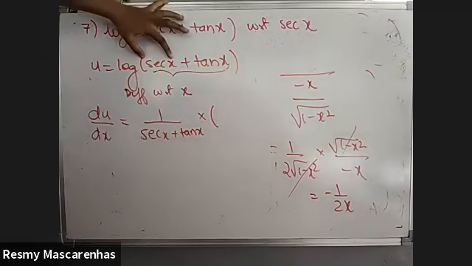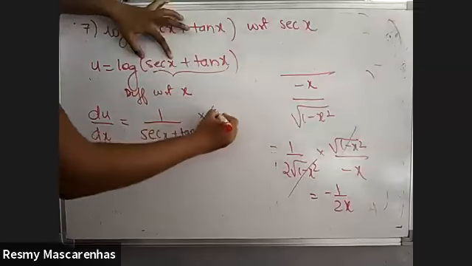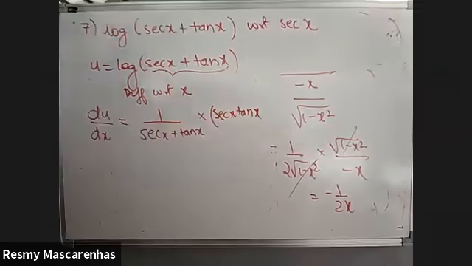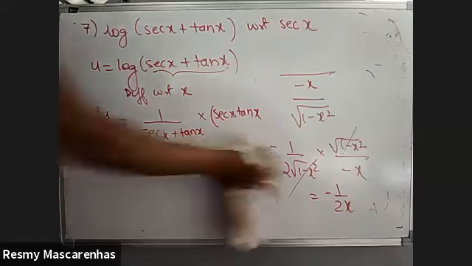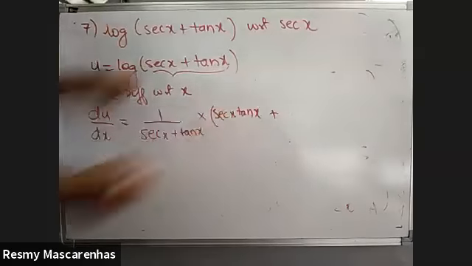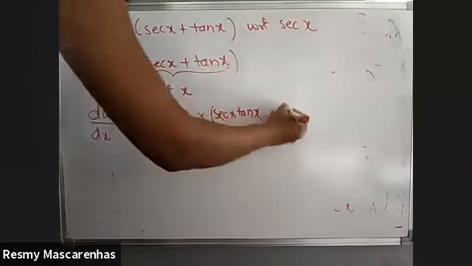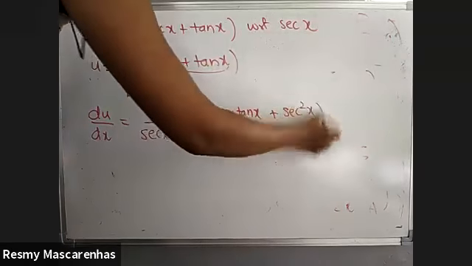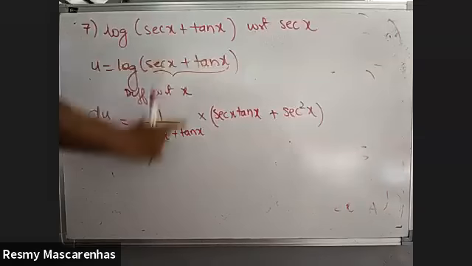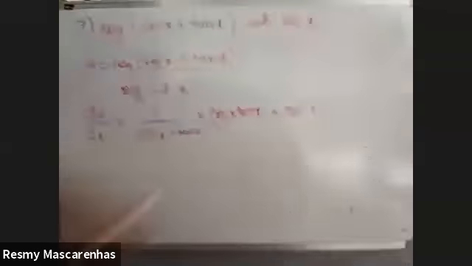So derivative of sec of x is sec x tan x, then plus derivative of tan x is sec square x. Okay. So log of something is 1 upon that into derivative of that.